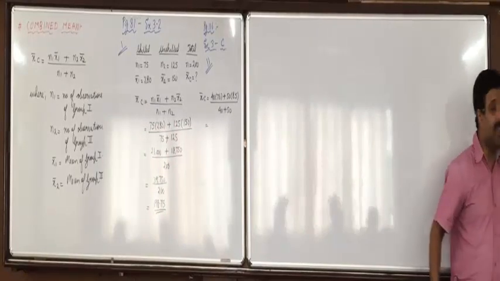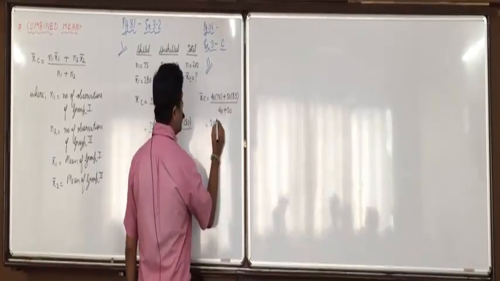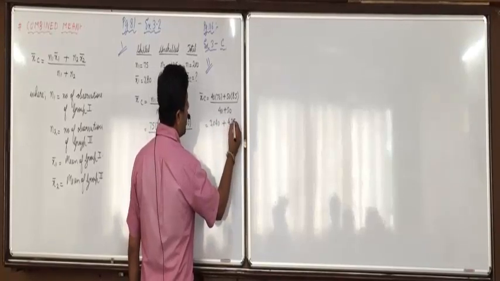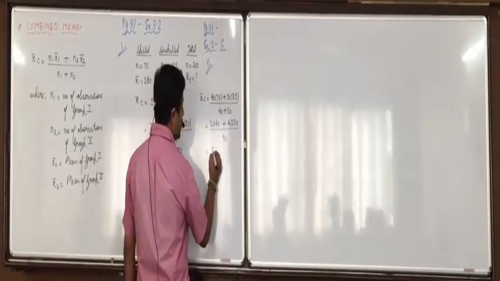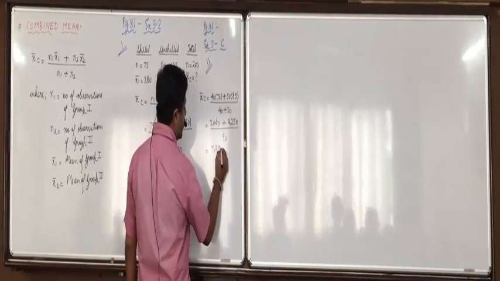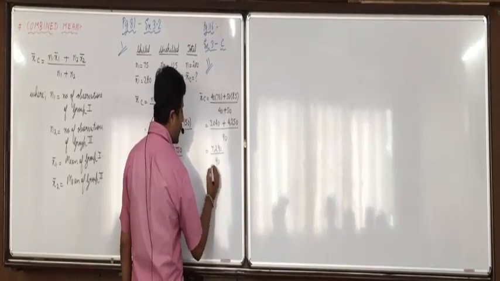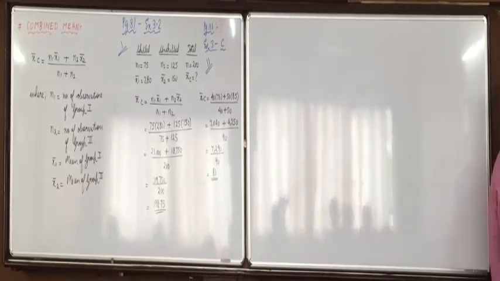Now 40 into 76 is 3040. 50 into 85 is 4250. 7290 upon 90 is 81. Did you write this statement that overall mean marks is 81?